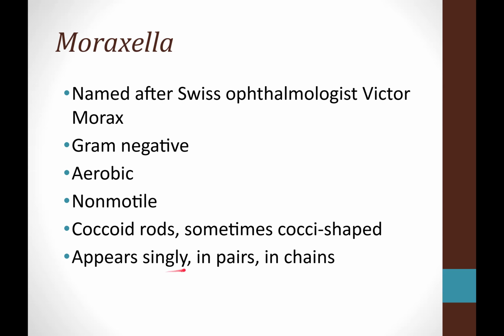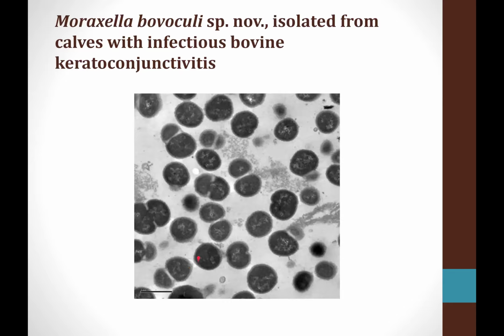So they appear singly, in pairs, or in chains. And there are two major species. This is what it looks like up close. This in particular is Moraxella bovis.